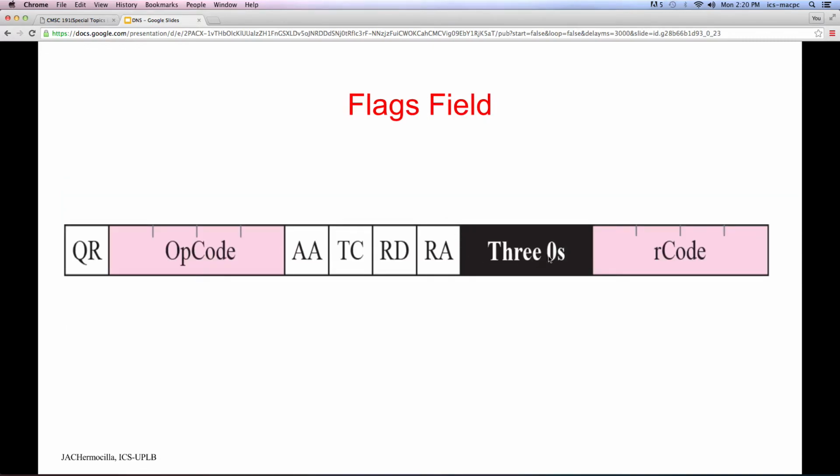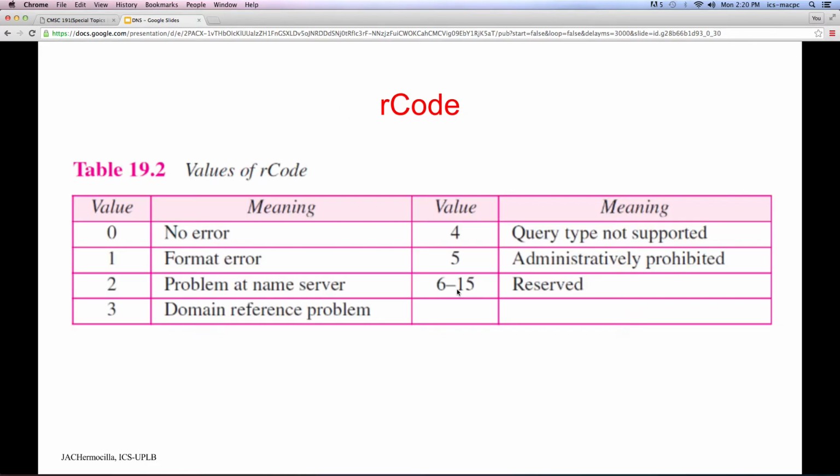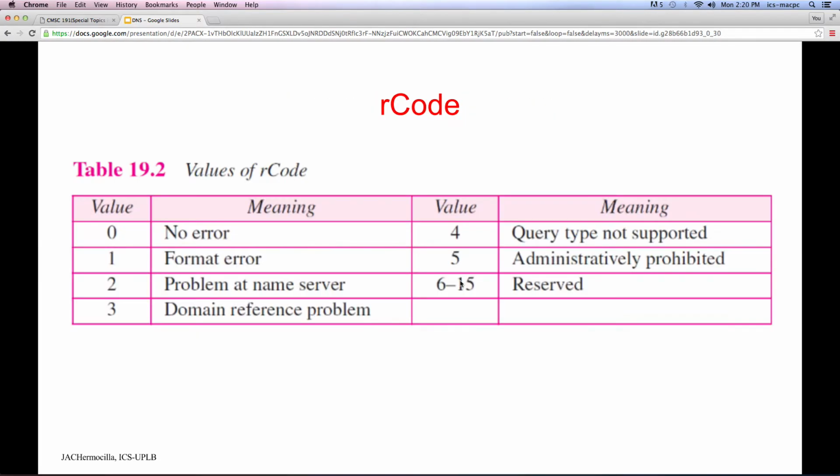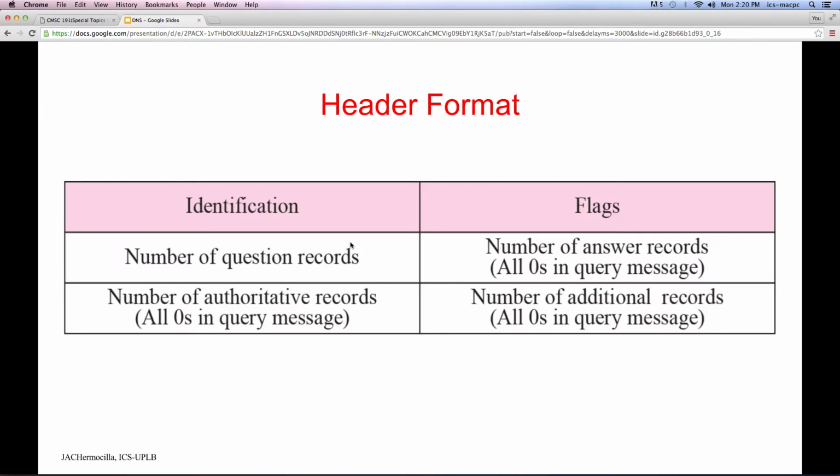These are the different bit values for the flags field. And the meaning of the RCODE: you have no error, format error, problem, name server error, etc.